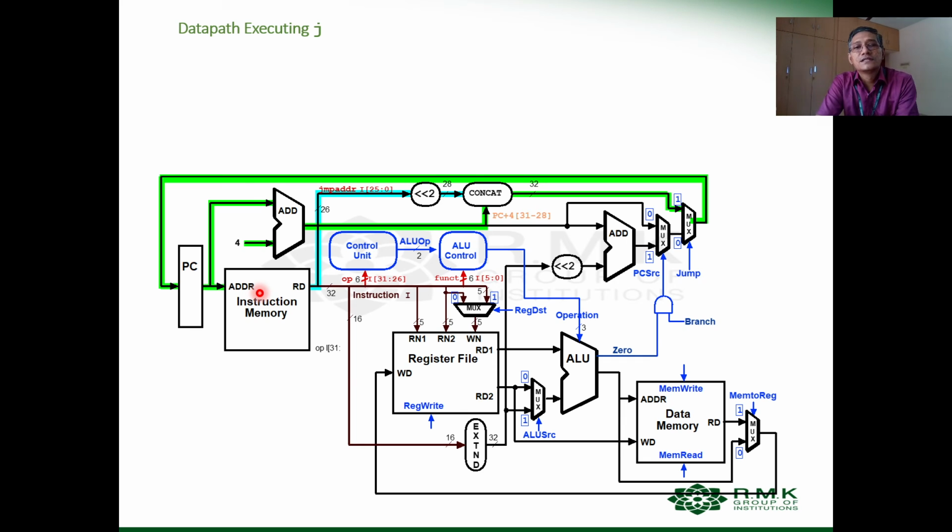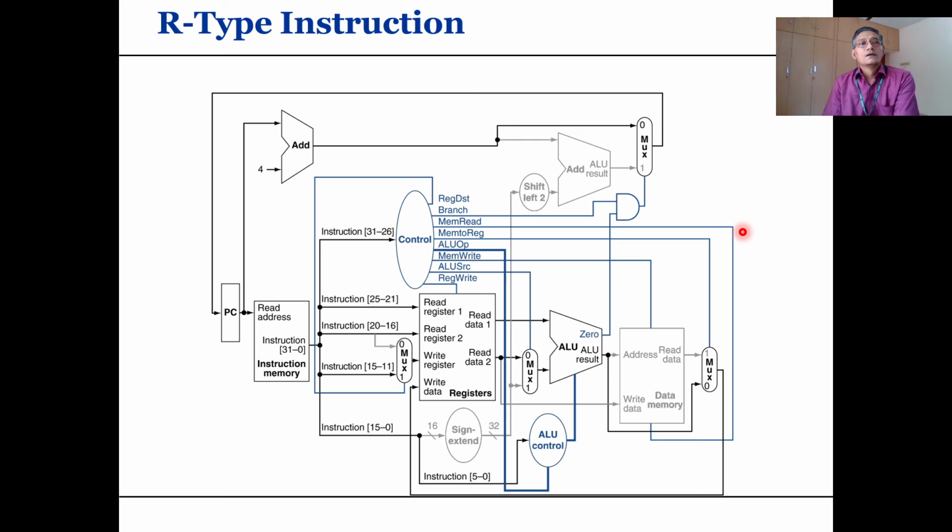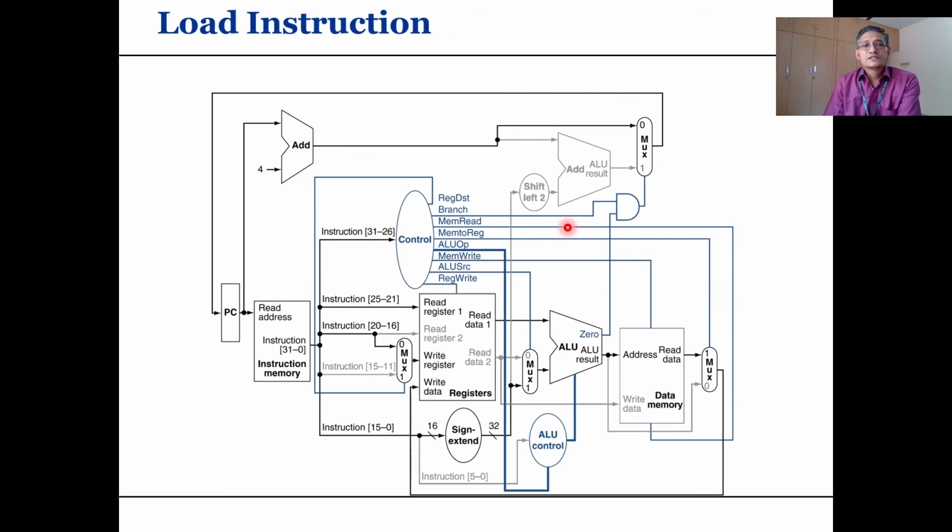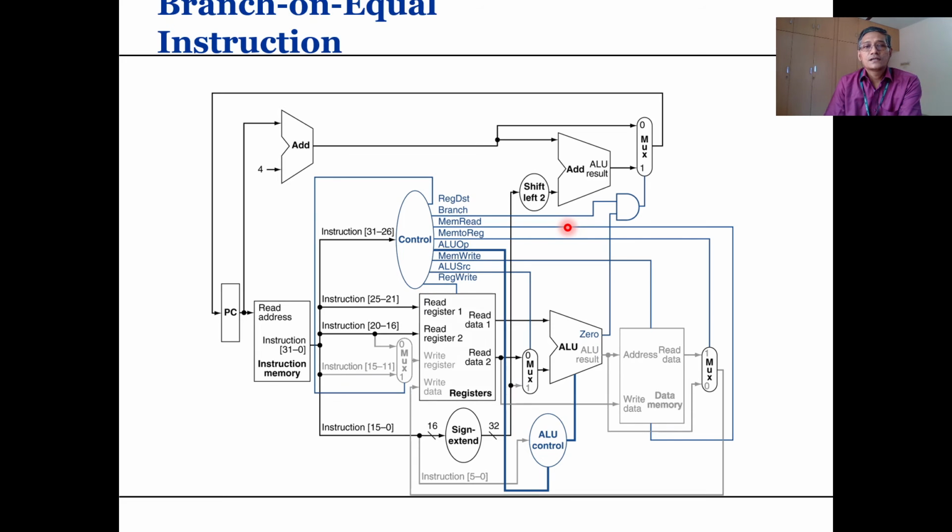This is the data path with the function units which are active during the execution of the jump instruction, shown by these green colored lines. This is the entire diagram for R-type instruction, this is load instruction, and this is branch on equal instruction.